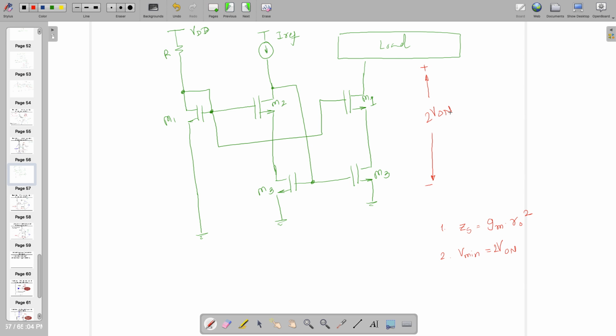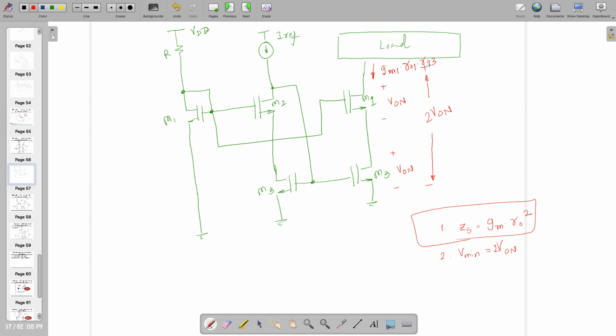I fixed it, right? And I know that each one of the transistors needs at least V on voltage to be in saturation, right? And we are choosing this configuration because it's still a cascode. Look at this. Because of cascode, we are achieving good source impedance, which, looking from here, is GM1 times RO1 times RO3.